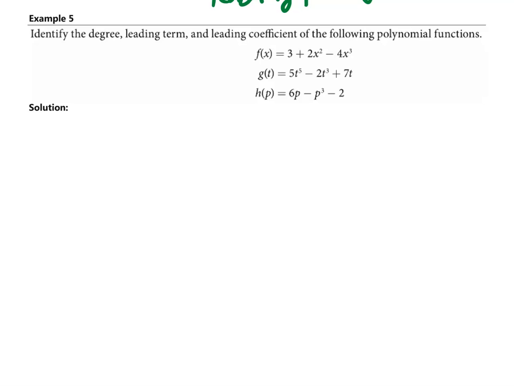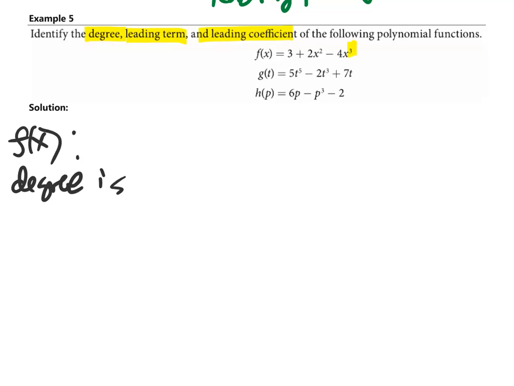Okay, example 5, identify the degree, leading term, and leading coefficient of the following polynomial functions. So we have f of x, g of t, and h of p. So let's start with f of x. You want the degree, leading term, and leading coefficient. So here, the degree is the highest exponent, which is 3. And what's next?